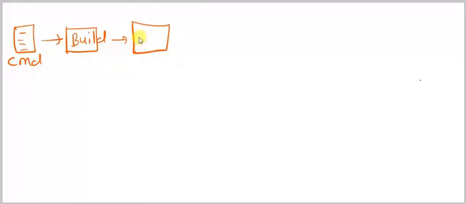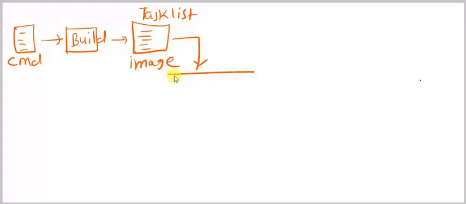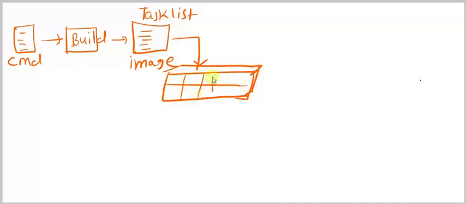We call it a build, and finally whatever you get is actually a task list, but in our language we call it an image. It is nothing but the task list. What happens is, you have to save this image to some storage or a kind of library of images, and we call it a repository.